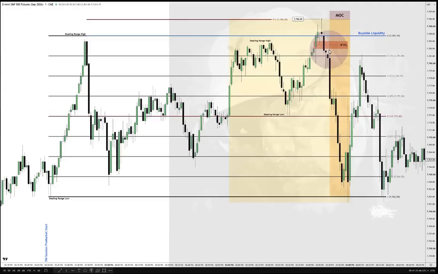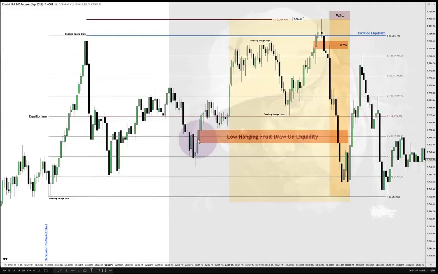Now let's go back to this range, high to low. Equilibrium is right here. So to reach for a discount PD array, you can use this sell side, you can use this sell side, you can use this sell side. But before you get to this sell side, look at this. Right in there, it's a beautiful little buy side imbalance, sell side inefficiency. And if we think it's going to come down and take out these relative equal lows that are all the same price, then this could potentially become what?